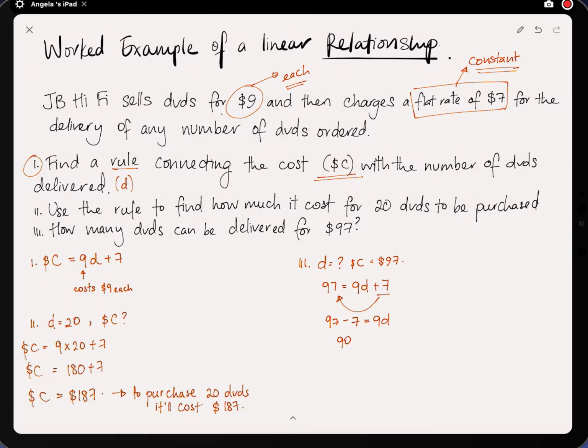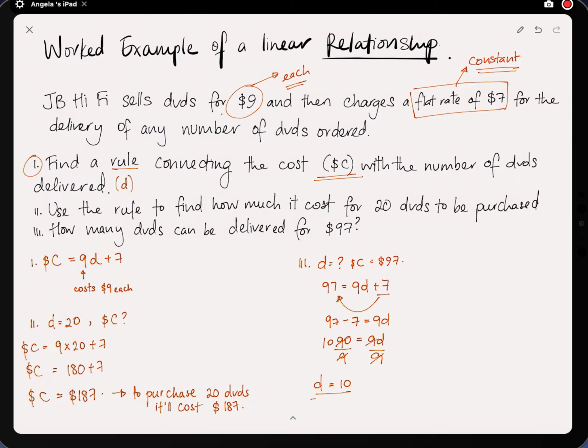That'll give me an answer of 90 equals 9D. I want D by itself, so I'm going to divide by 9 on both sides, and they will cancel out, and that'll leave me with 10. So simplify where possible, because you never know if you're going to get a whole number, and if you're not sure, please use a calculator.